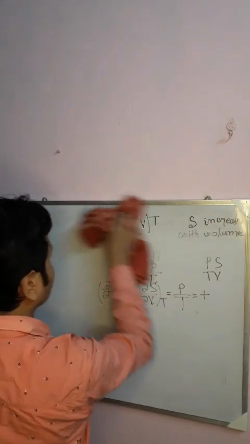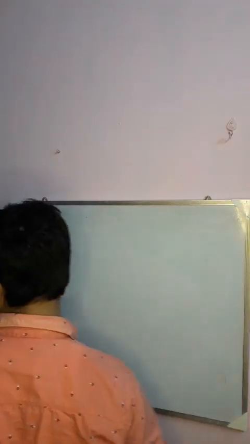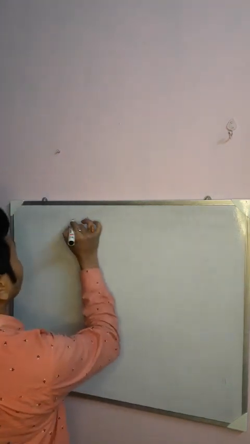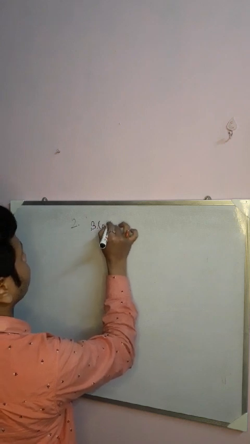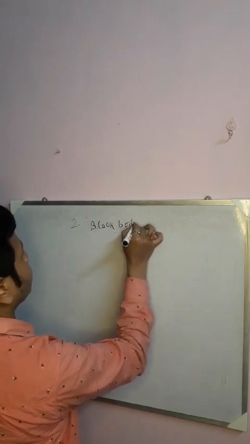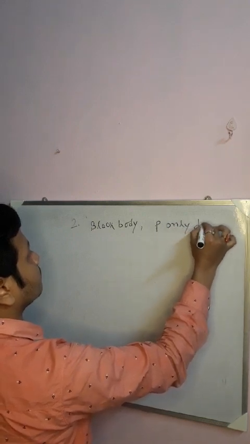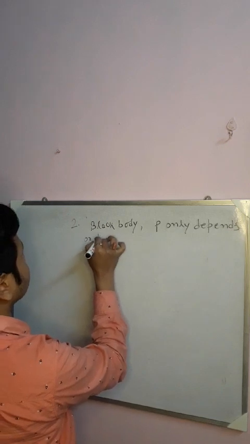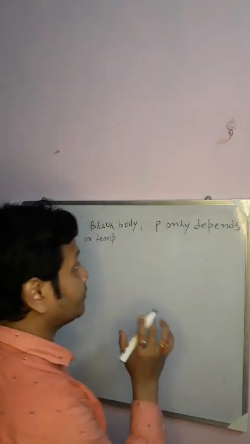Now we shall do another problem. In case of black body radiation, we have to show that the pressure only depends on temperature. For a black body, P only depends on temperature.